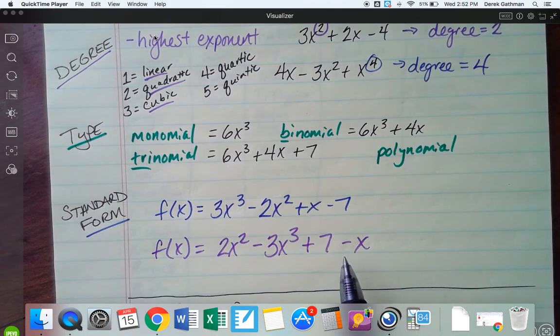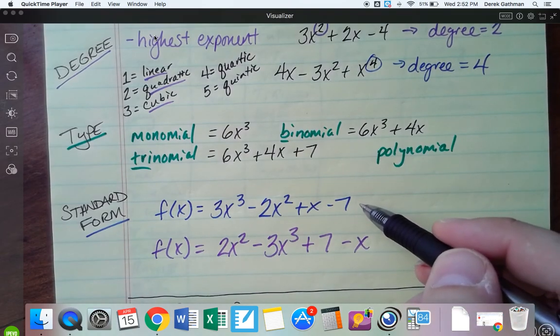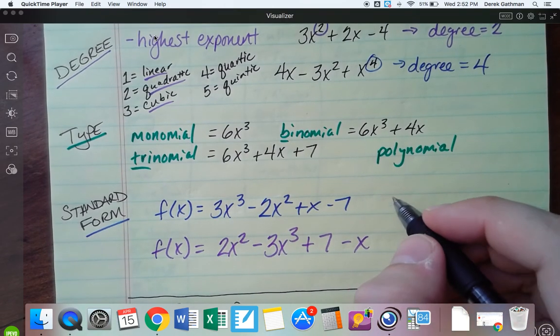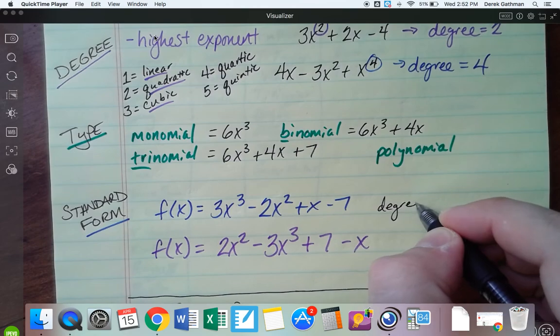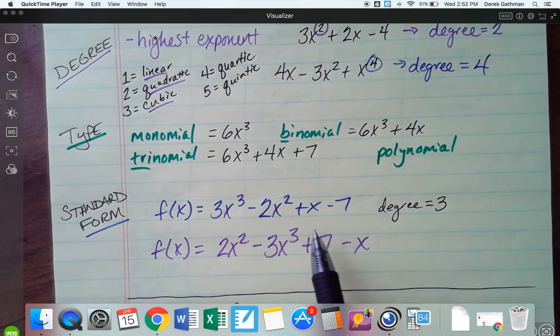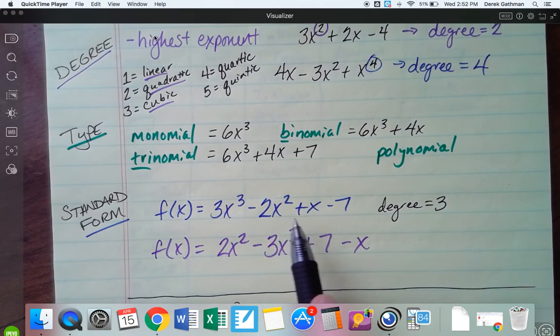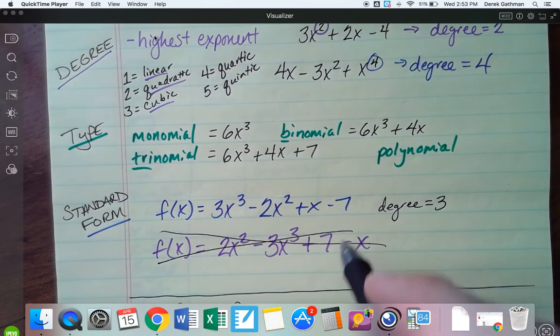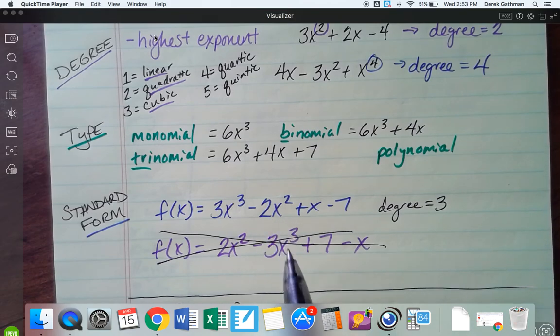Therefore, it's not in standard form. So this is usually the easiest. If I look at this one, it has a degree of 3. And it's a polynomial because I have 4 terms. 1, 2, 3, 4. And the same would be true of this one. This one's just not in standard form. So usually we'll see it like that.